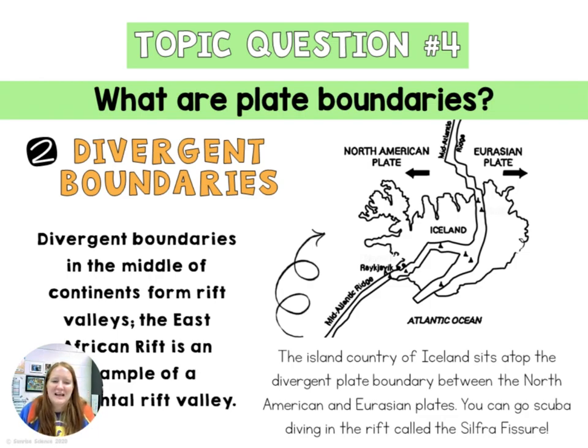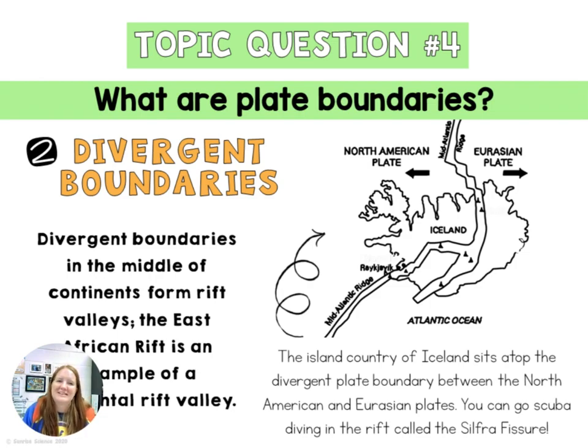In Iceland, Iceland is there because of the divergent boundary. The island itself has formed because as the plates spread apart, magma has come upwards and created Iceland. All right.